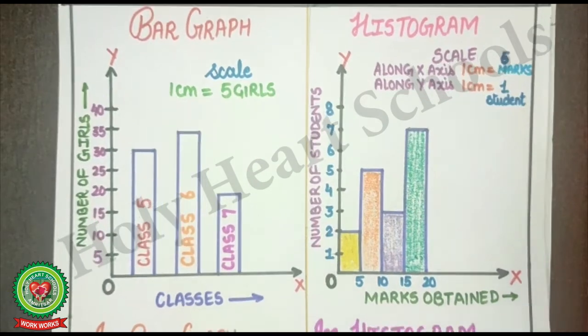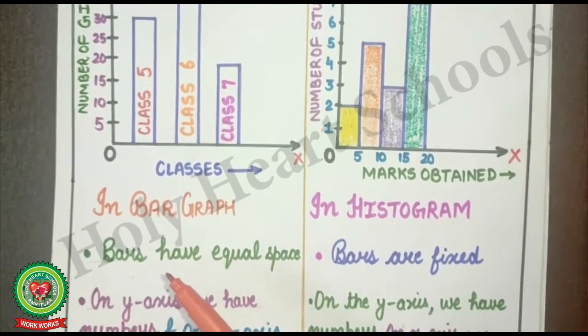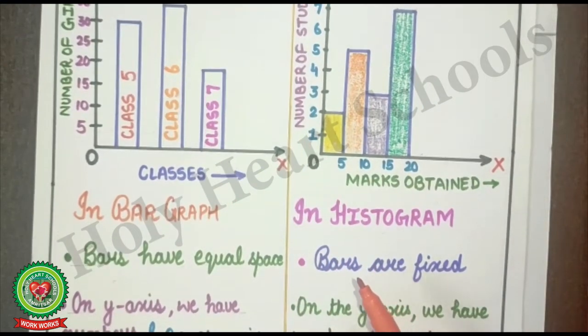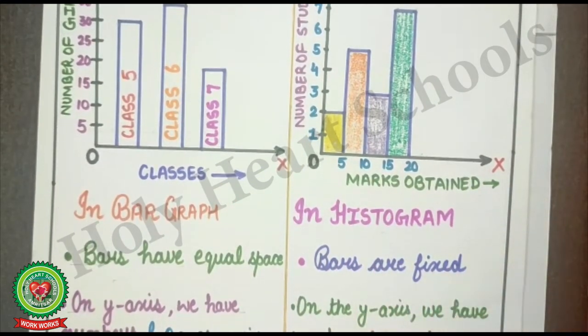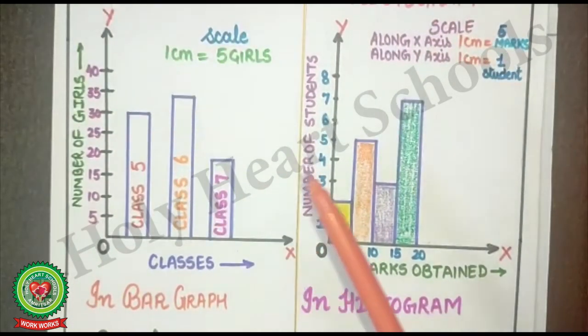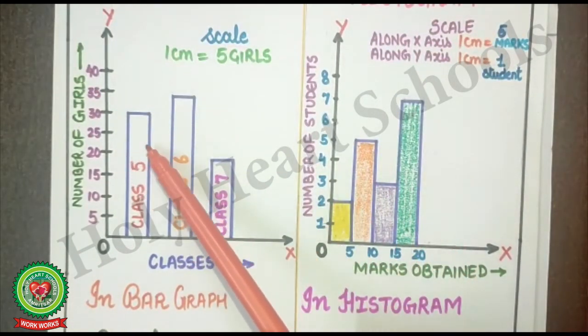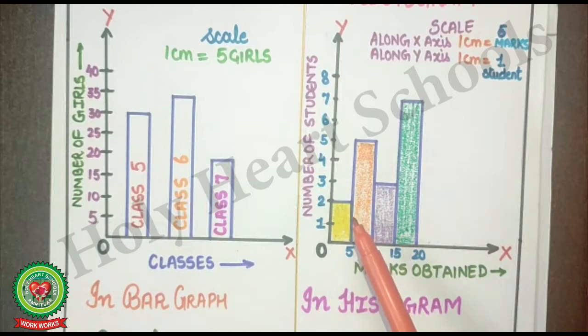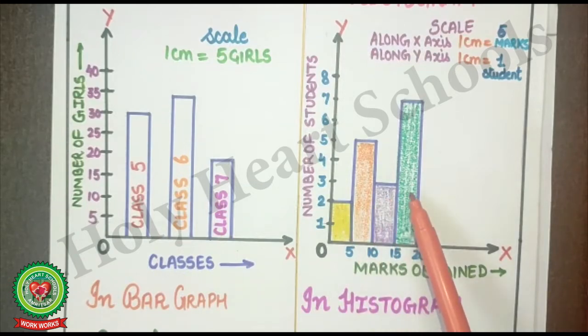First of all, in bar graph, bars have equal space, and in histogram, bars are fixed. What does it mean? Here you can see we are having equal gaps between bars, and in histogram, there is no gap between them.